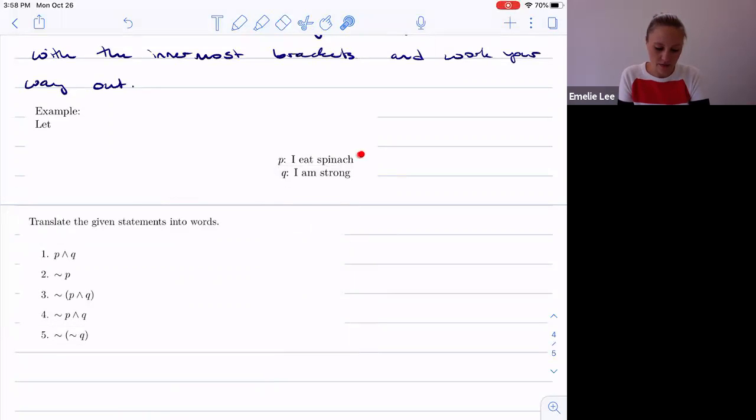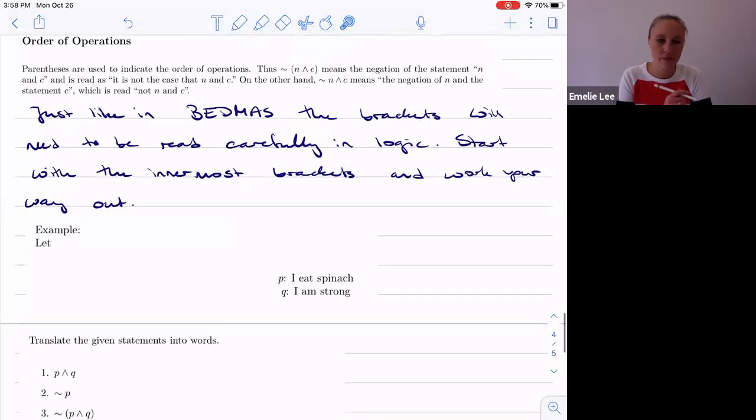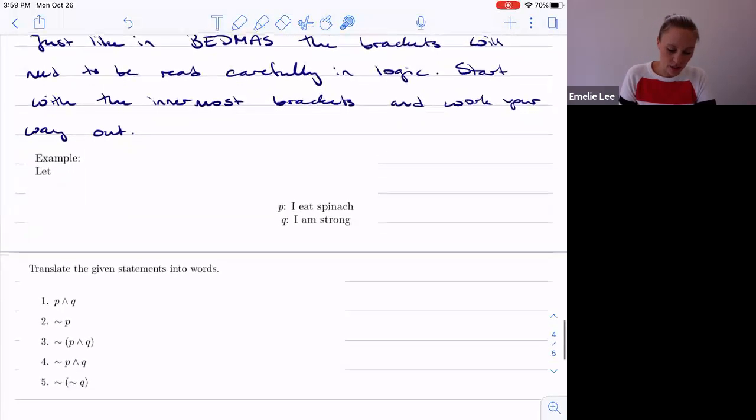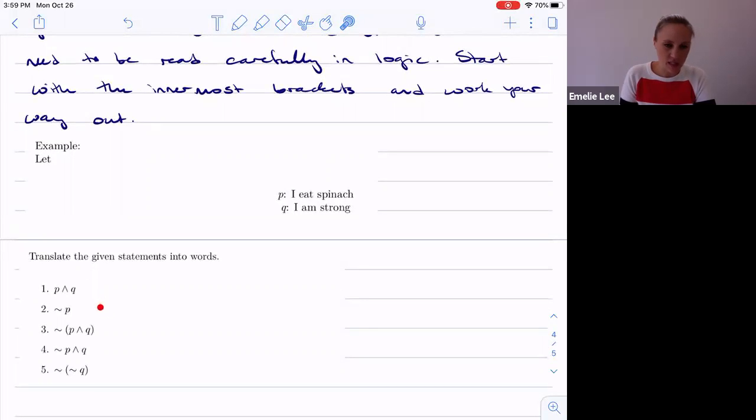So if we have something like, oh yeah, two simple statements: I eat spinach, I am strong, awesome. Then we can translate these symbolic statements into actual word statements, right? So that's what we're gonna do.